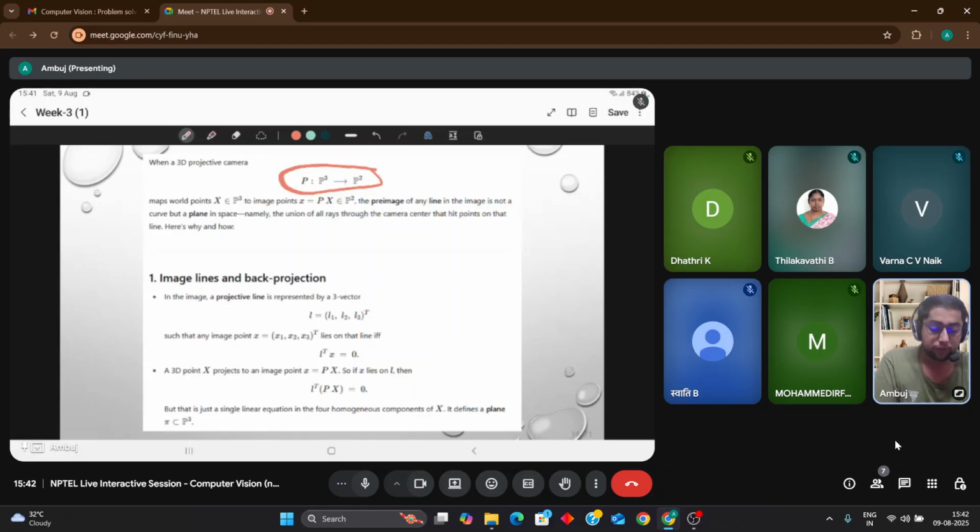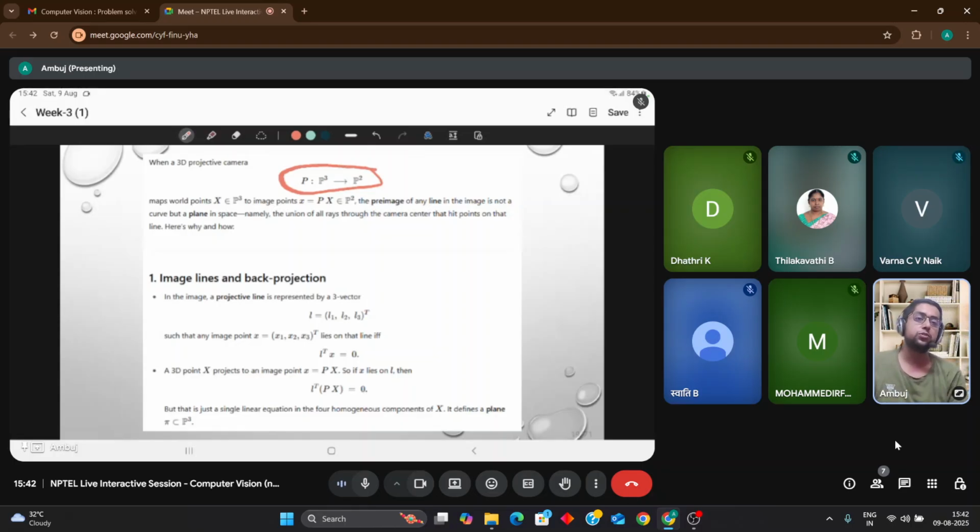Image lines and back projection: in the image, a projective line is represented by a 3-vector L = (L1, L2, L3) transpose, such that any image point X = (X1, X2, X3) transpose, given in 2 dimensions, lies on the line if and only if L transpose X equals 0.